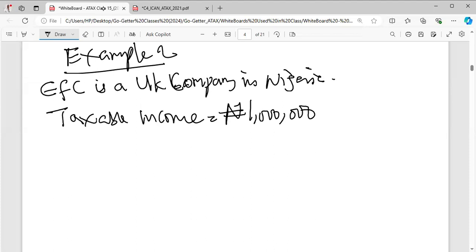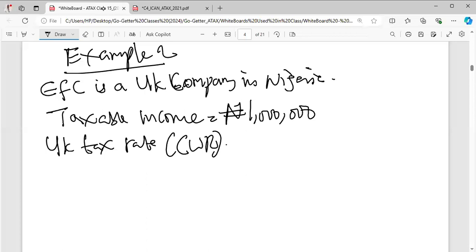Then we have UK tax rate, which I would say Commonwealth rate. Let's say it is 35%. Nigerian tax rate, let's say this is 36%.